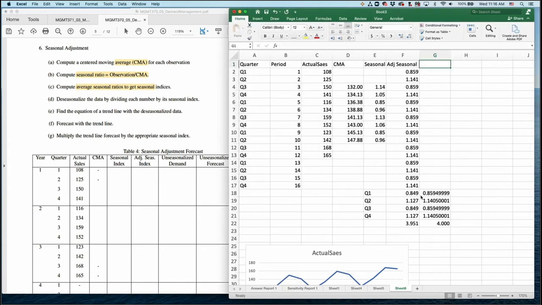Now the next step is to deseasonalize. How? We just divide by this seasonal factor, and then we have deseasonalized demand. To get this deseasonalized demand, we have to divide by this seasonal factor, this seasonal number.